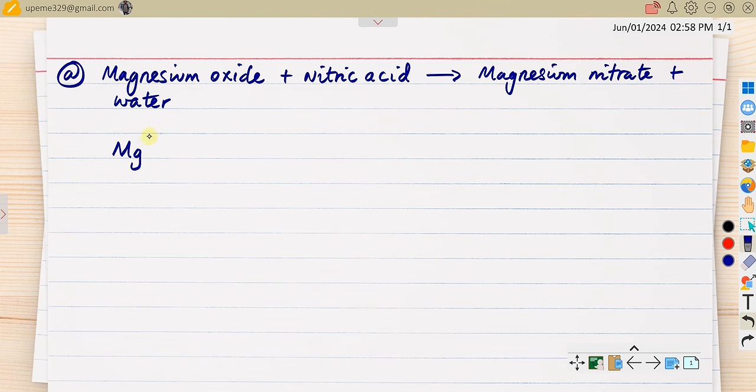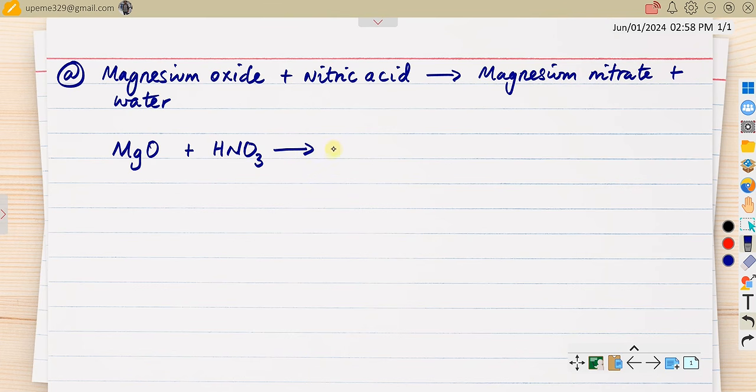Then oxide is capital O, which is oxygen, then plus nitric acid. We just need to remember the formula for nitric acid, which is capital H, capital N, capital O, then a 3 here. Then when they react, we put an arrow, and they'll form magnesium nitrate.